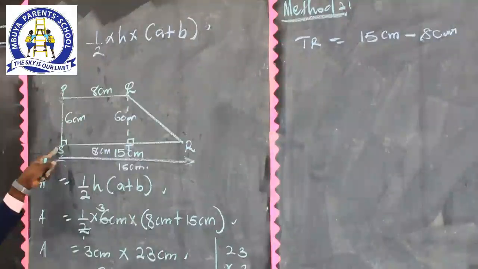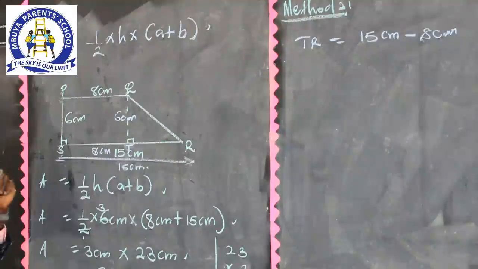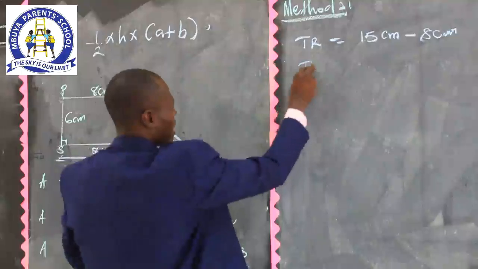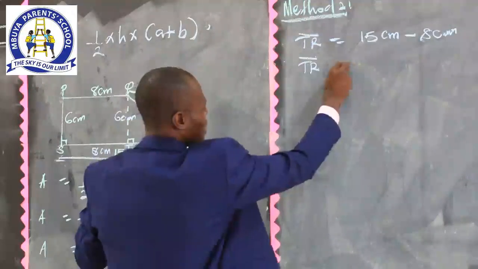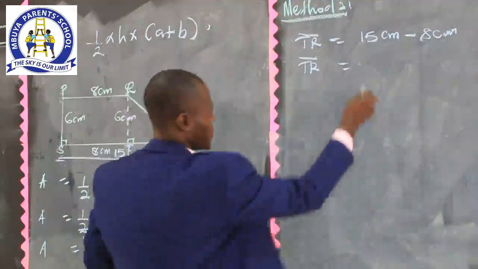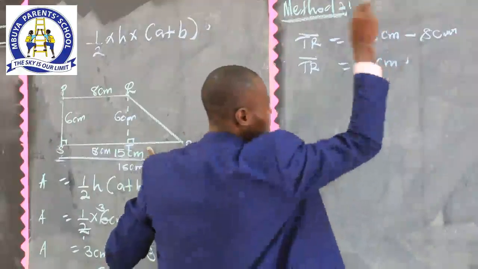Hope you are moving with me, class. What remains after we've subtracted will be for TR. So our TR, length TR, will equal to, class, what's the answer? Good, you're the best. 7 centimeters.